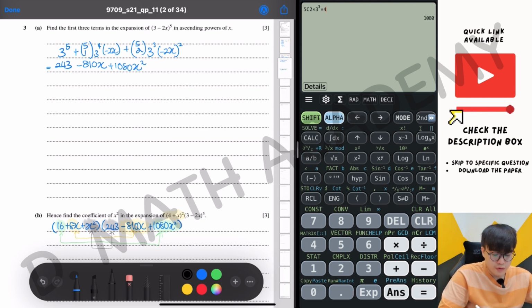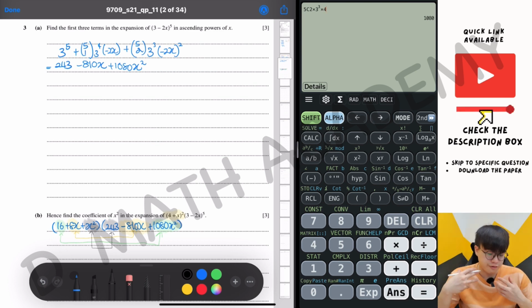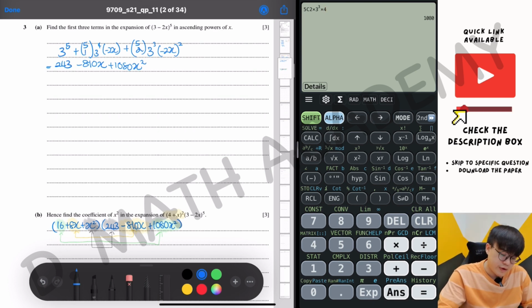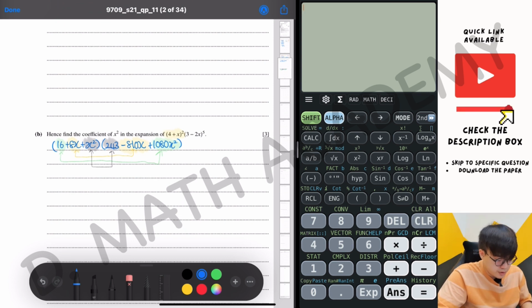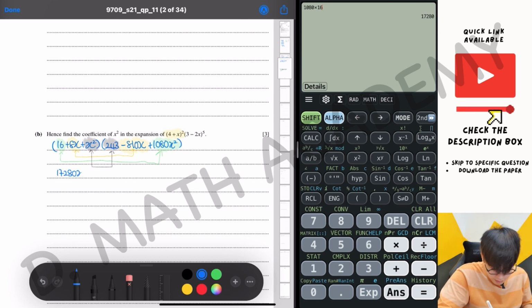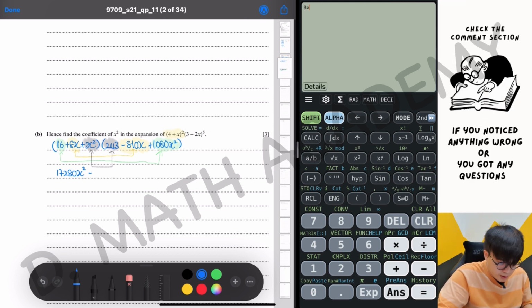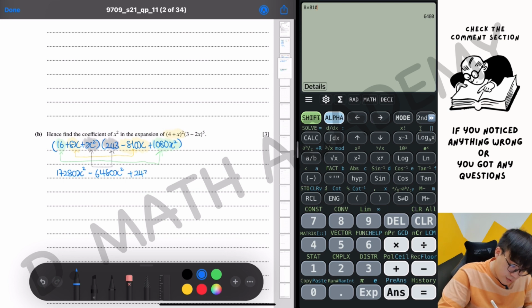Remember, coefficient is referring to the numbers at the front. So when we run our final calculation, 1080 times 16, you actually have 17280x squared, minus 8 times 810, you will have 6480x squared, and then plus 243x squared for the last one.